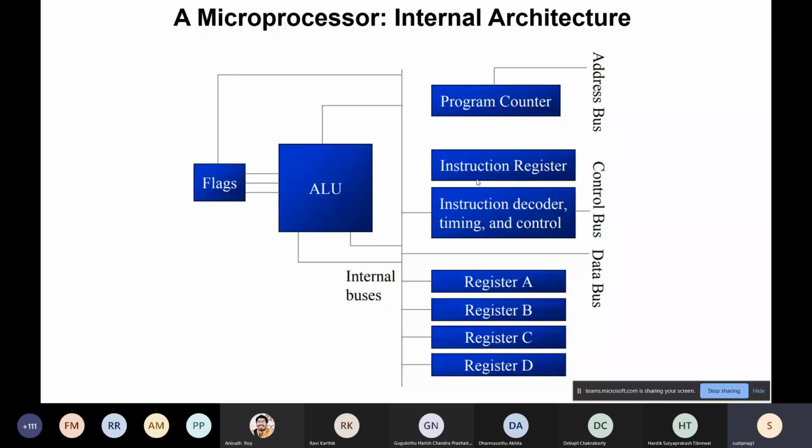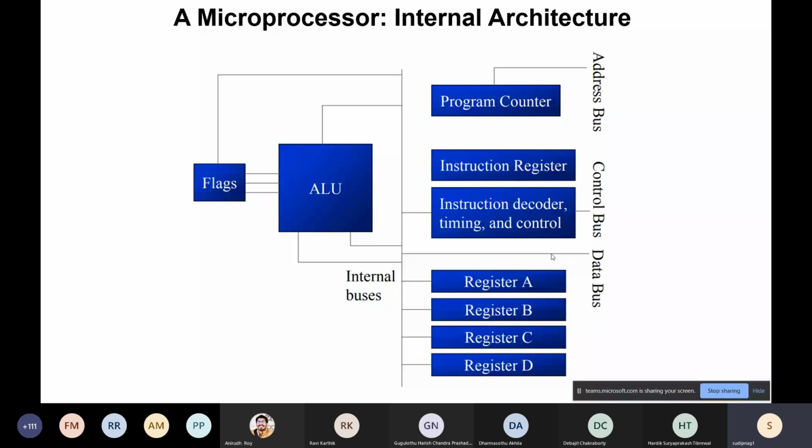That binary value will correspondingly activate only one output of the instruction decoder. Then the timing and control unit will try to track which output of the decoder is activated, and that particular output must be asking for something else at the next step.